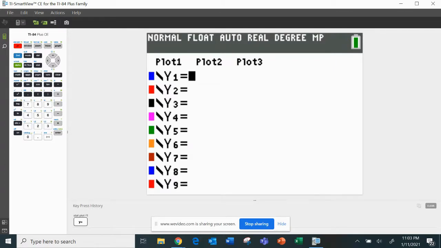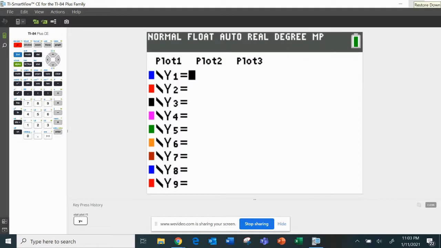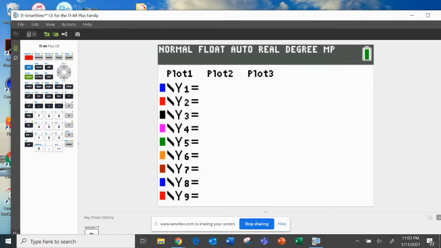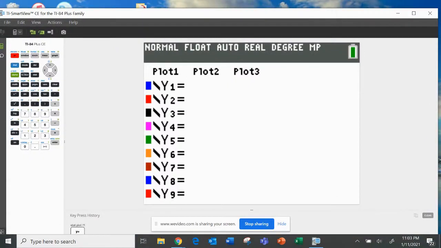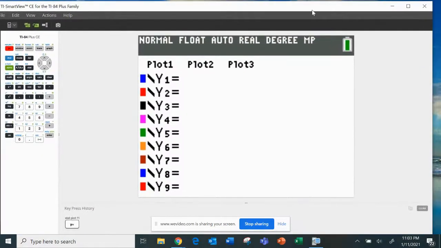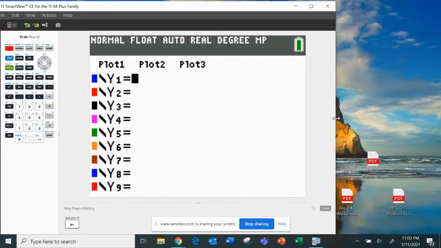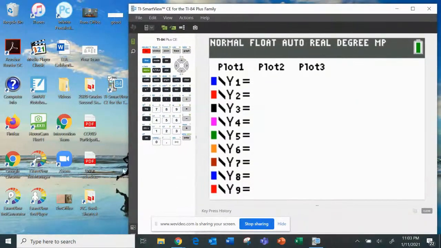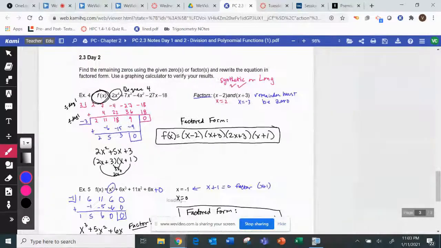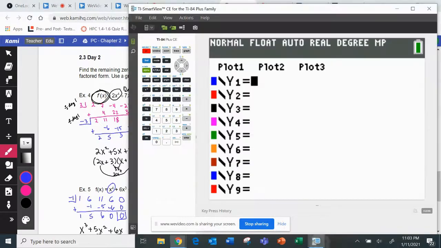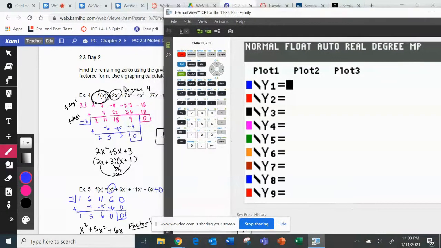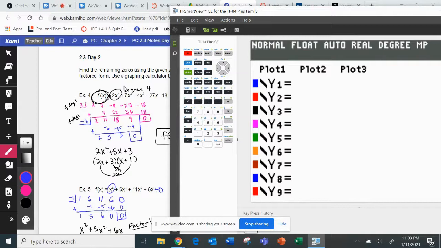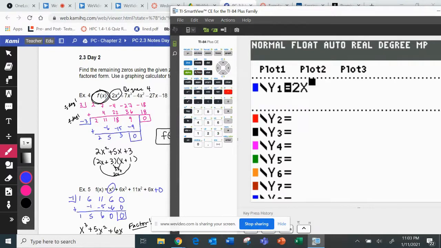let's see here. I'll just do the first one. So I'm going to type in the original. So 2x to the 4th, plus 7x to the third, minus 4x squared, minus 27x, minus 18.